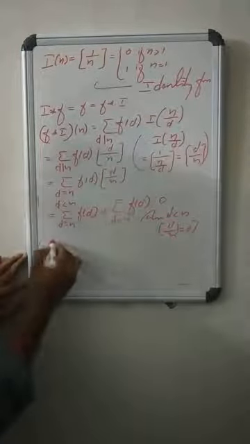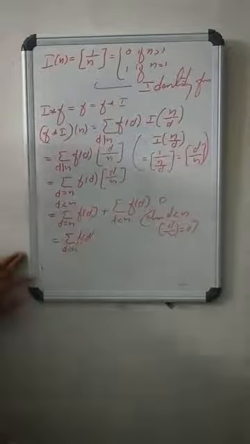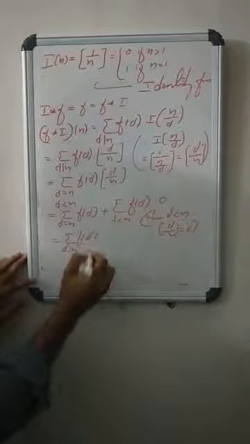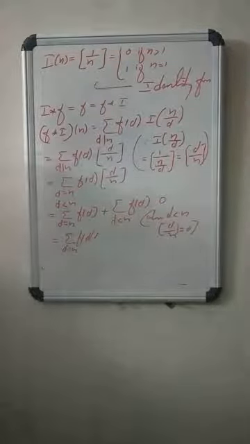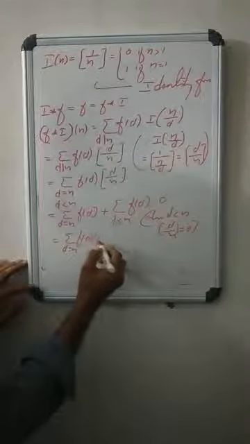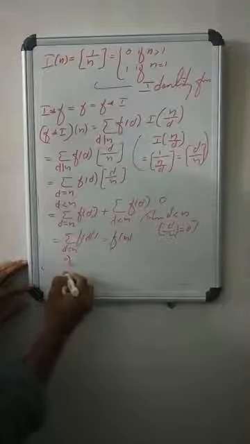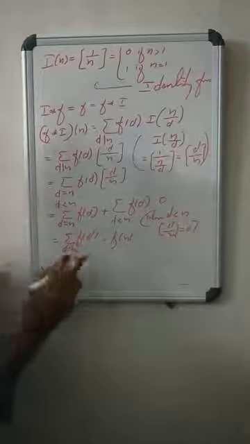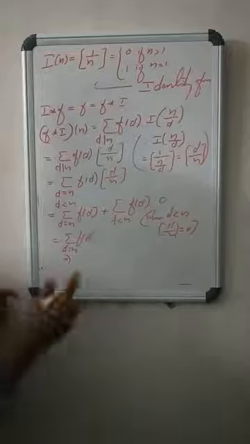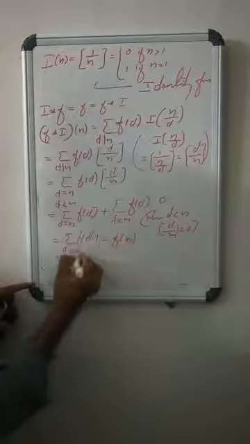So this term vanishes, so that equals sigma over d equals n f of d into 1, which is f of d when d equals n, that is f of n.